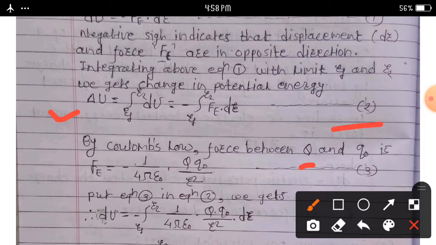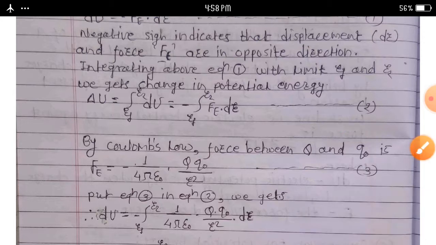By using Coulomb's law we can write F suffix E is equal to minus 1 upon 4 pi epsilon naught into q q0 upon r square. Consider equation third. This is the force in Coulomb's law between q and q0: F suffix E is equal to minus 1 upon 4 pi epsilon naught into q q0 upon r square.